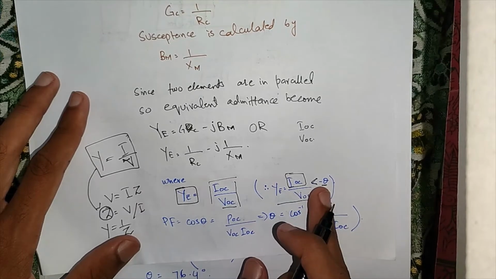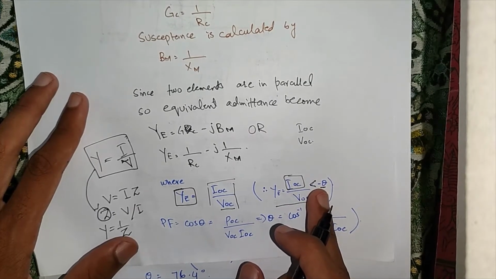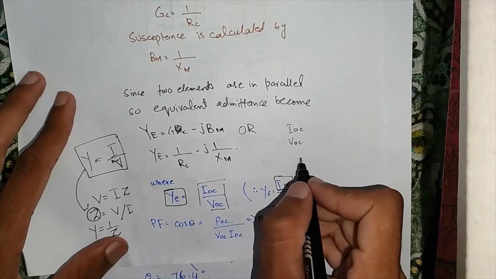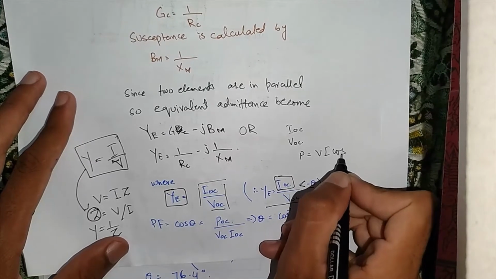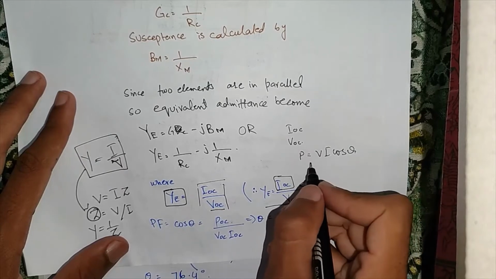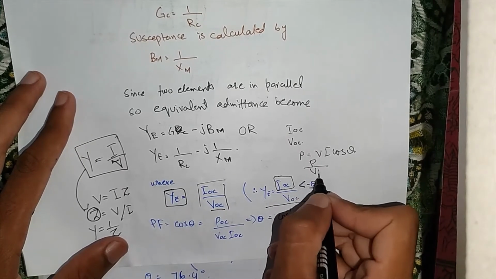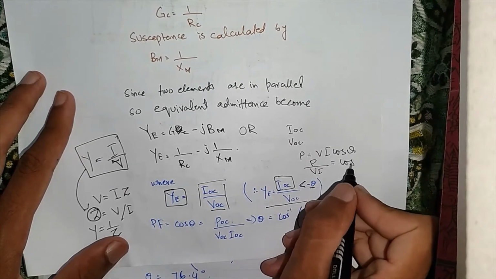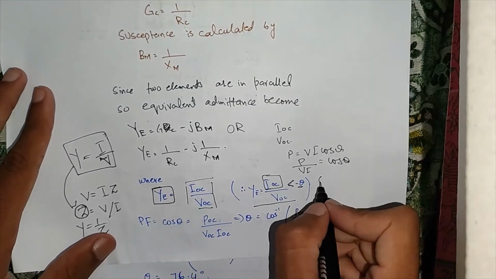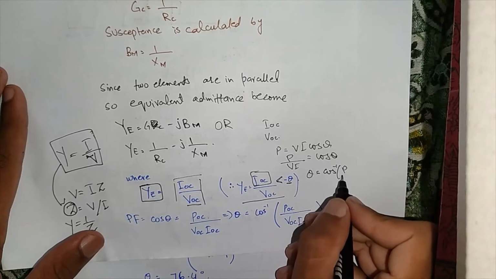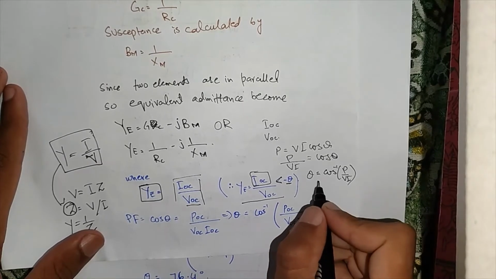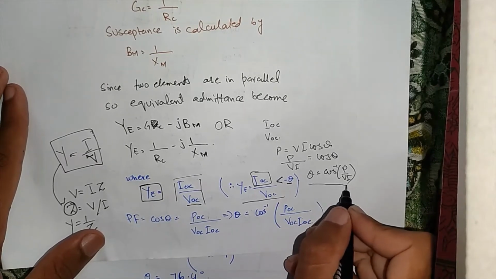How can theta be found? As you know, the power in the circuit is given as VI cos theta. Now P divided by VI is equal to cos theta, so theta is equal to cos inverse of P over VI. This is the formula to find theta.